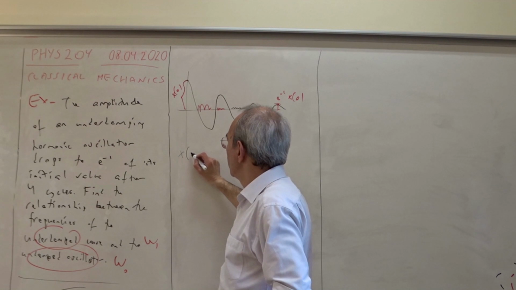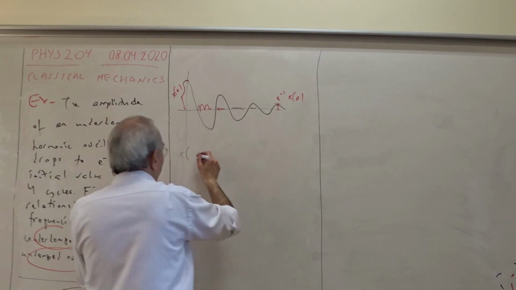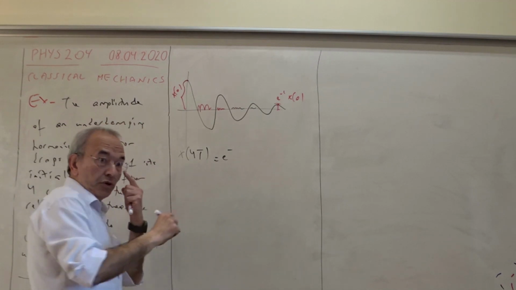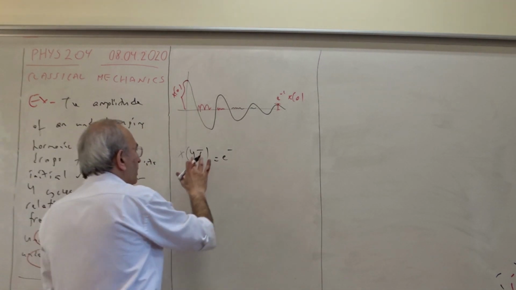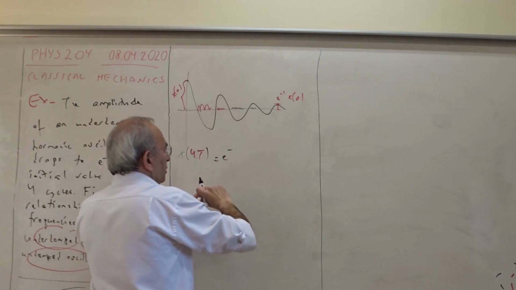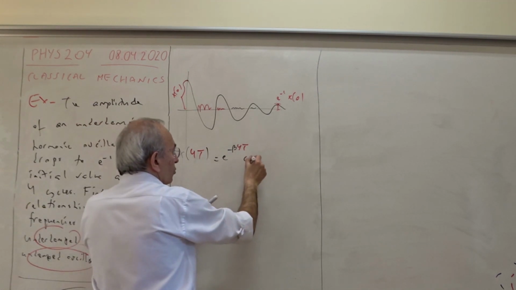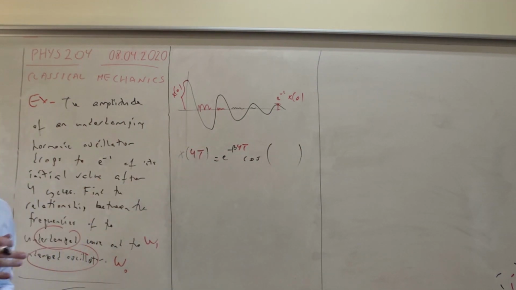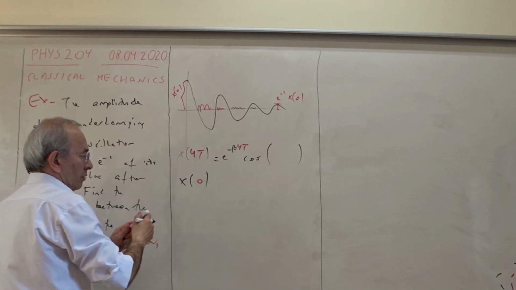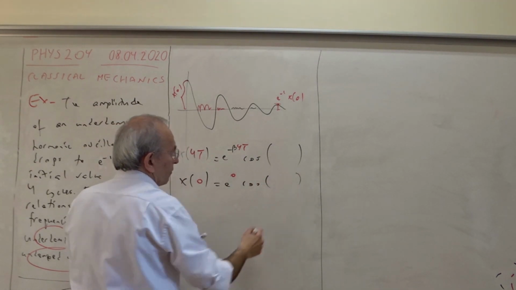X of 4 periods will be, first of all, we have a term e to the minus beta t, whatever we have here, let me call 4T, 4 periods, so it is e to the minus beta times 4T, and a cosine term, cosine of omega 1 t, etc. But at the beginning, x of 0 was e to the 0 and the same cosine term.